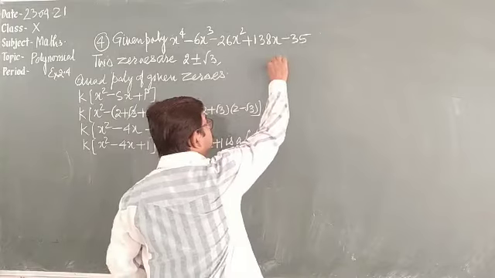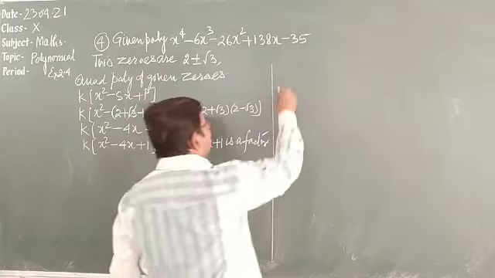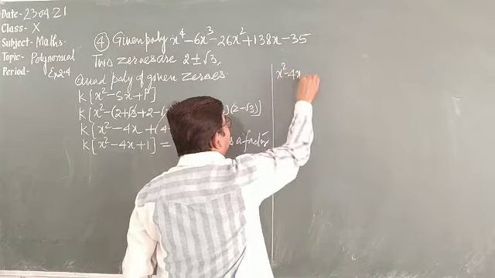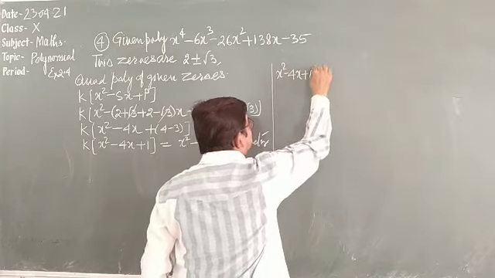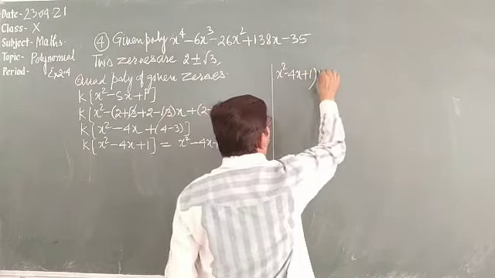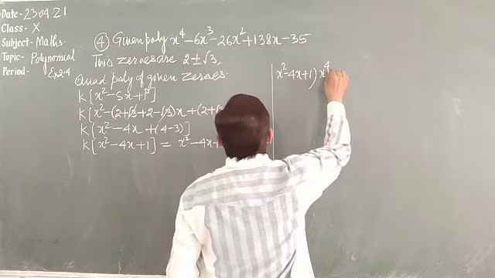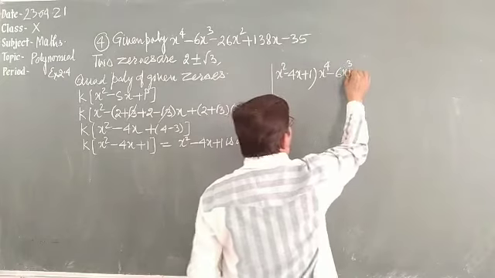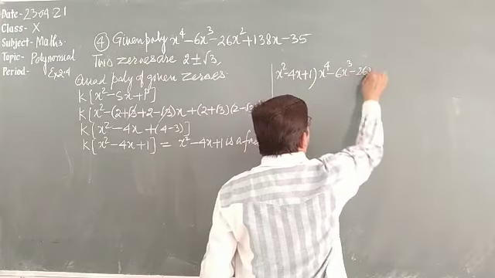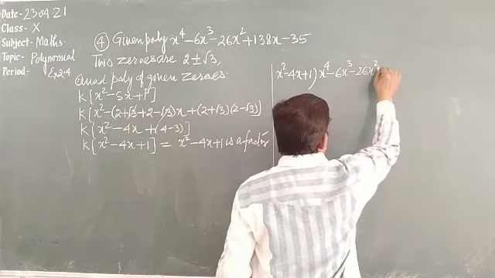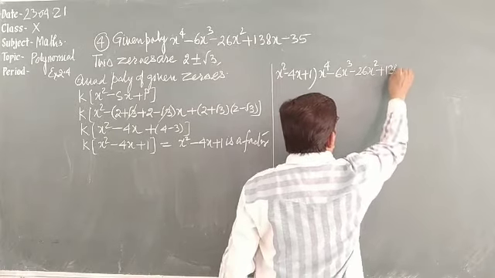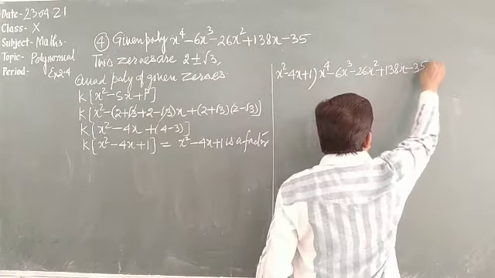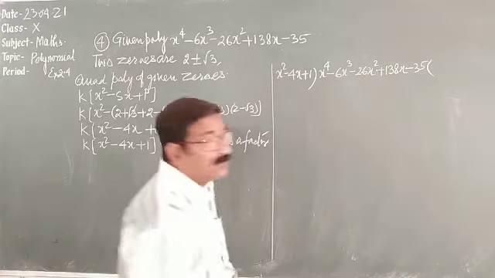See, x square minus 4x plus 1 divides x to the power 4 minus 6x cube minus 26x square plus 138x minus 35. See, let's divide.